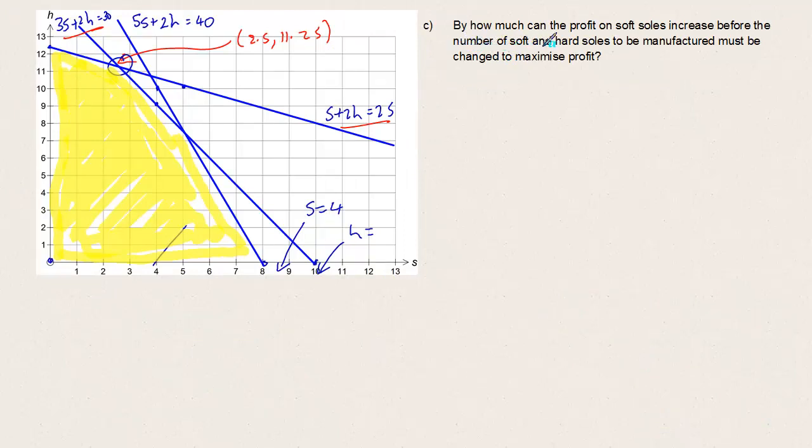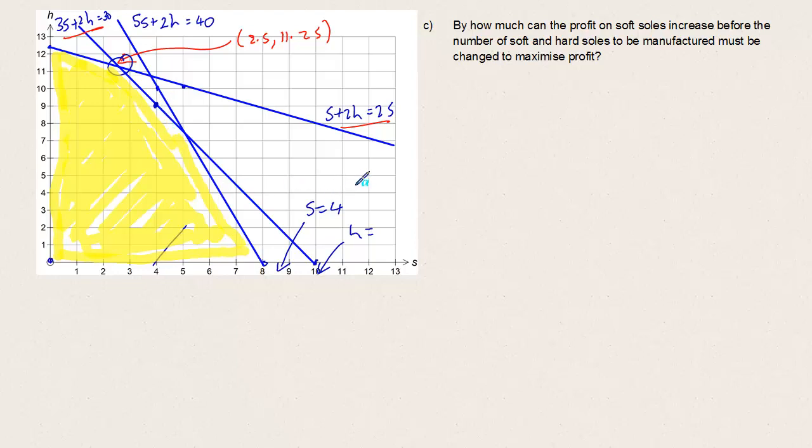By how much can the profit on soft soles increase before the number of soft and hard soles to be manufactured must be changed to maximize the profit? So this is a sensitivity question. Now at the moment we're using 4, 9, which is around here.